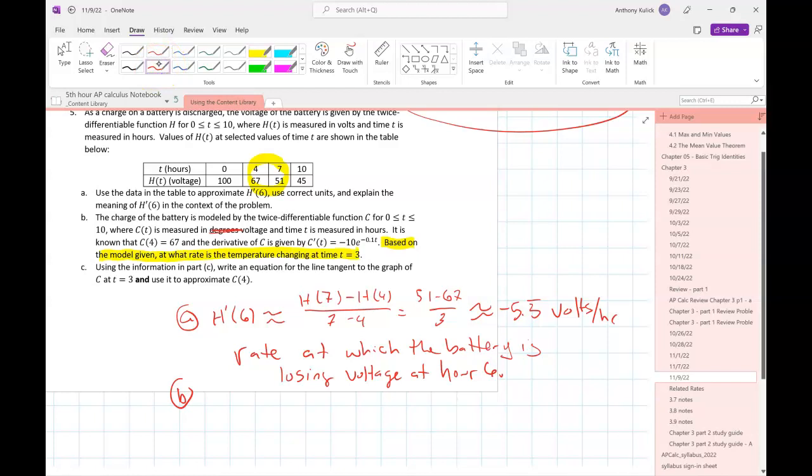I'm going to build a tangent line for C and use that to give me the voltage at time 3. Everybody's okay with that? So I'm building a linearization.